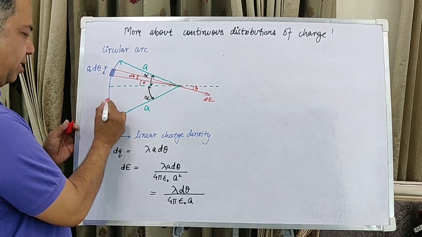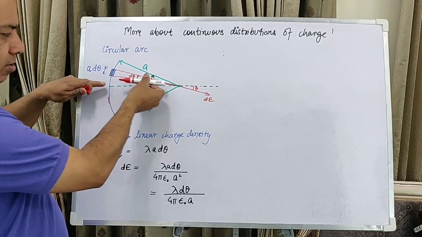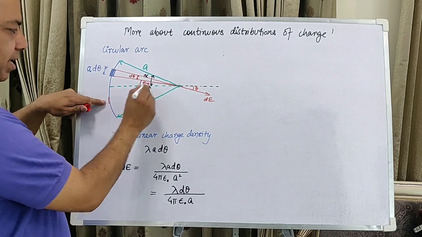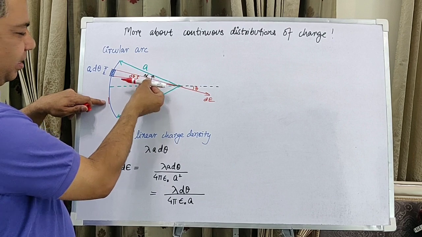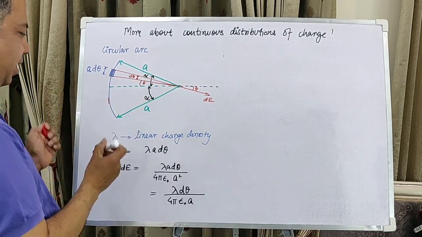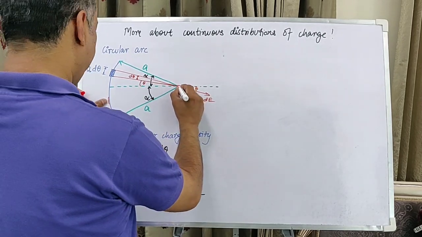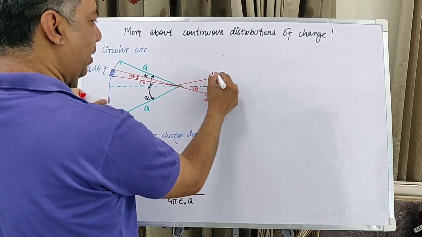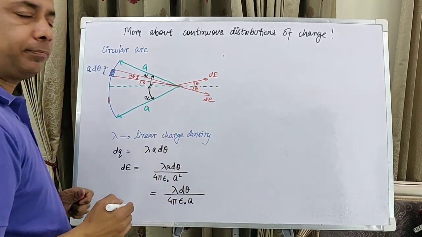If we consider an element symmetrically located on the other side of this line of symmetry, at theta d theta on the lower side, this element will also produce an electric field of the same magnitude dE at an angle theta again.